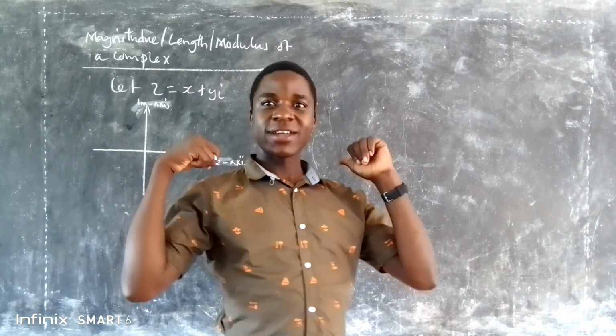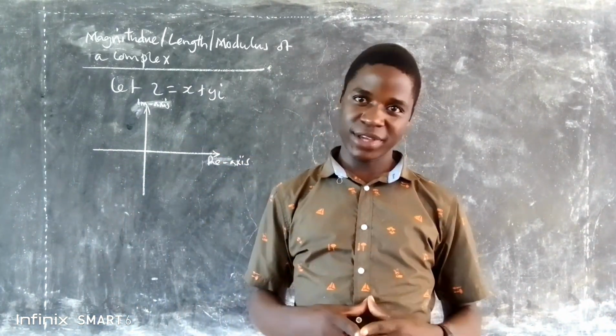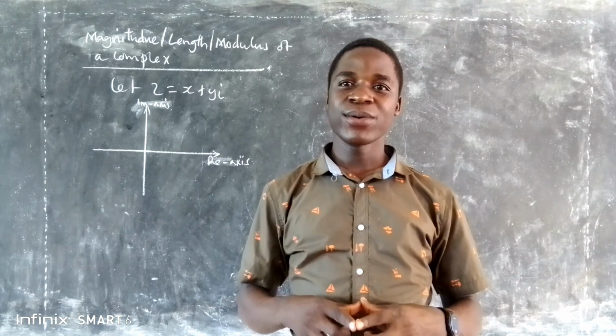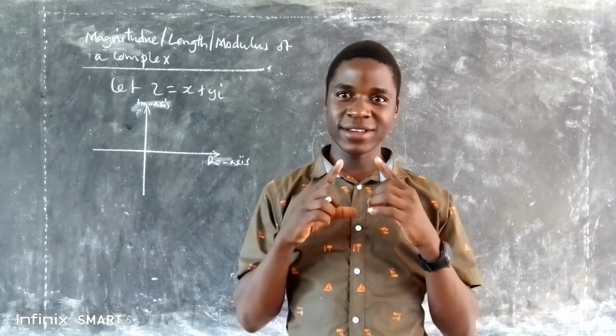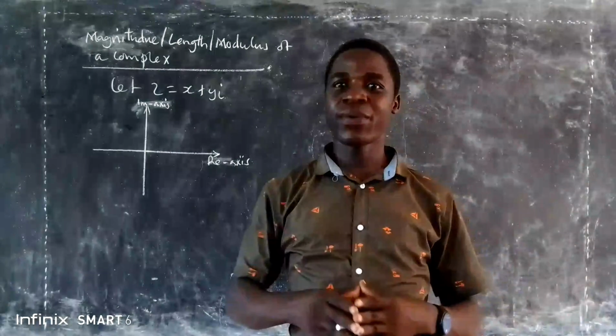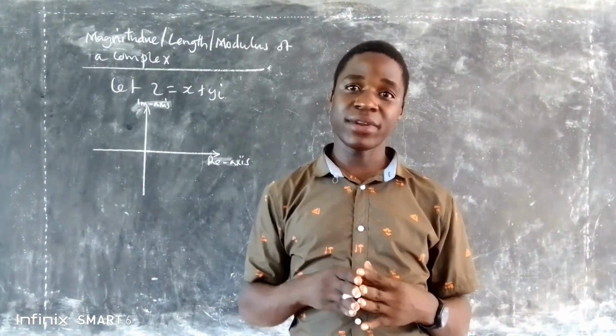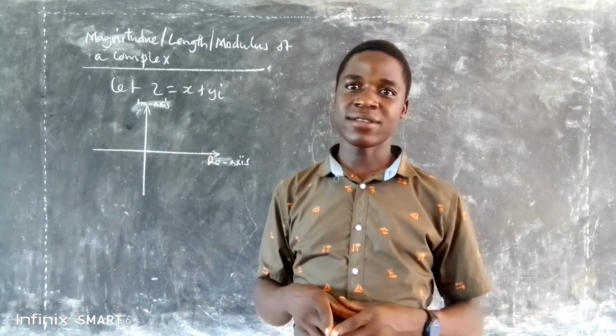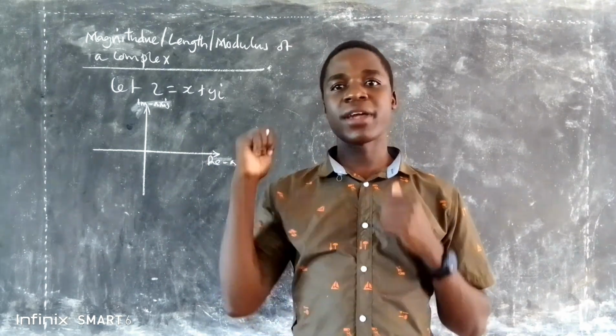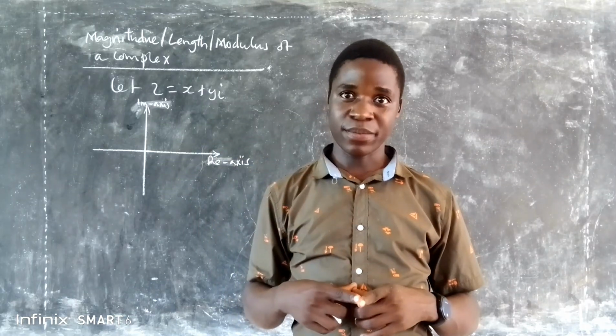When you write it like that, it will no longer be a Cartesian plane. It is now a complex plane, with the real axis and the imaginary axis. But it is just a duplicate of the Cartesian plane.